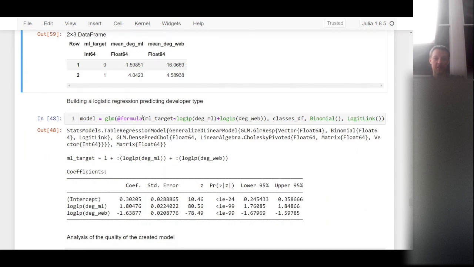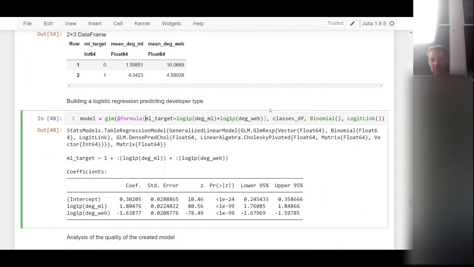So what I do, and this is the formula that you already know. My ML target is my target variable, and I have two features, degree ML and degree web. And there is one important thing, we already seen this. I am applying the logarithmic transformation to my data. Why do you think I am applying logarithmic?